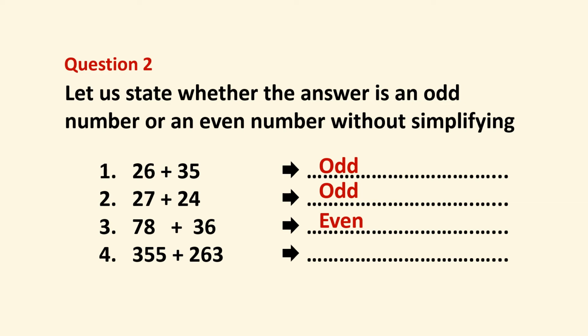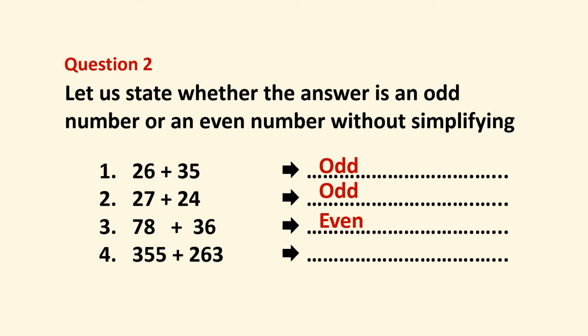Finally, 355 plus 263. Since 5 is an odd number, we know that 355 is also an odd number. Since 3 is an odd number, we know that 263 is also an odd number.